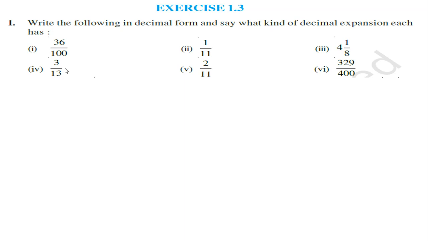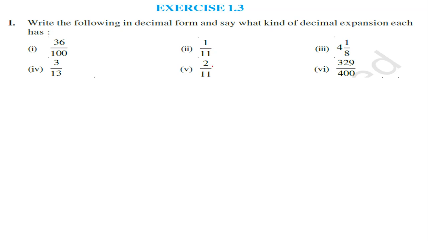But how will you identify? For this, you have to perform long division. For example, see here, this is the second question. After the decimal point, how many numbers come? It stops. Otherwise, it runs up to infinity. For that, you have to perform long division here.